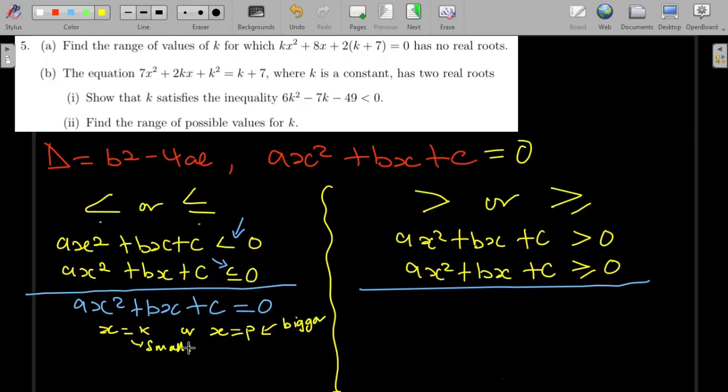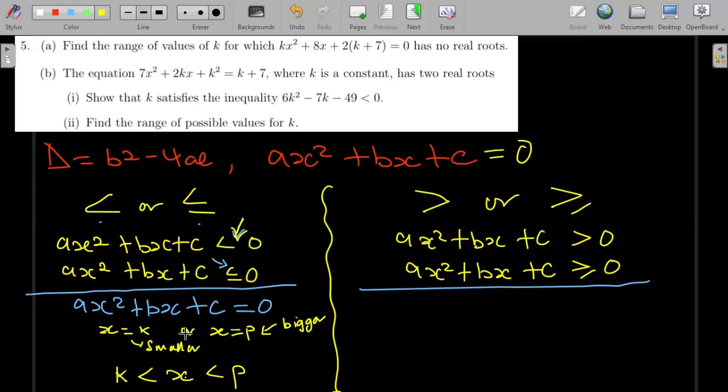So our final answer should be represented in this form. If you have the less than, you put x in the middle, and you put the smaller number here and the bigger number here.